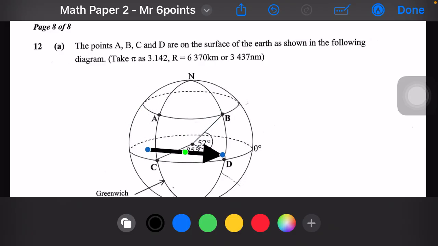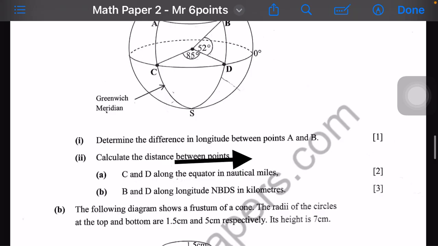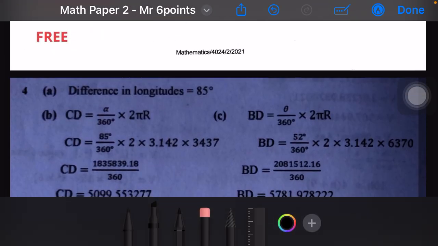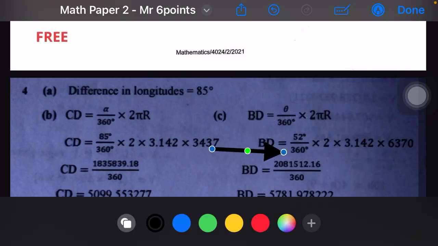Because this is the difference in longitudes. So I've gotten this angle and then used it in the formula for when the longitudes are the same. Okay, so we go on to the solution. So here's the solution. After substituting, you do the same thing. Hope it's clear.